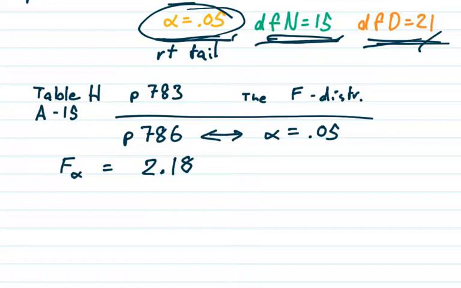Again, here I'll mention it. If the precise degrees of freedom are not found in our F table, we'll basically round down. We cannot assume more degrees of freedom than we actually have.